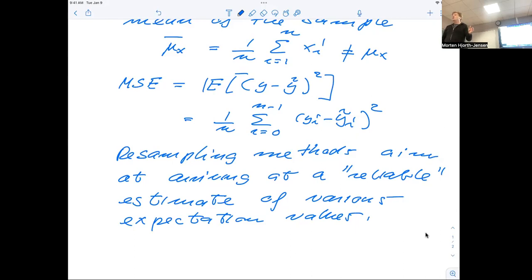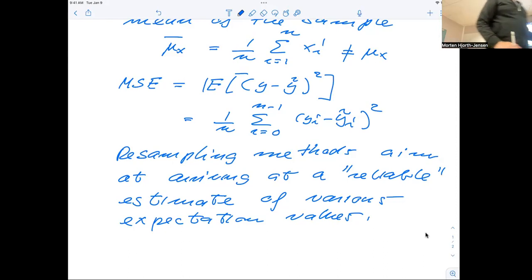So if you run a calculation in lattice QCD, a typical calculation runs for several months, and you may just have some 500 to 1,000 output values. And then you want to make a statistical analysis of this, and that's why these resampling methods come in.